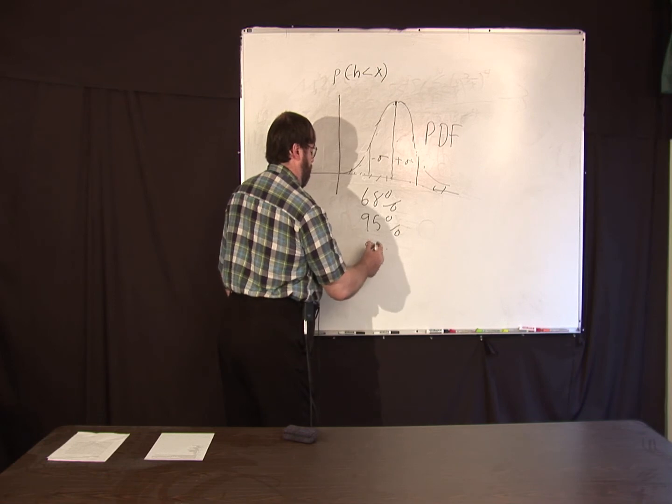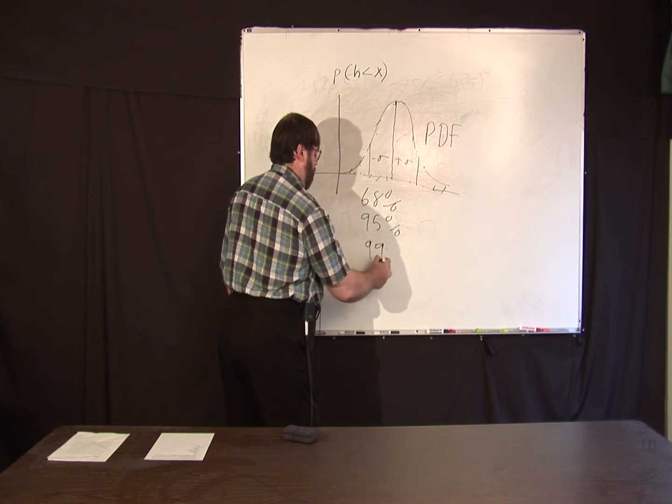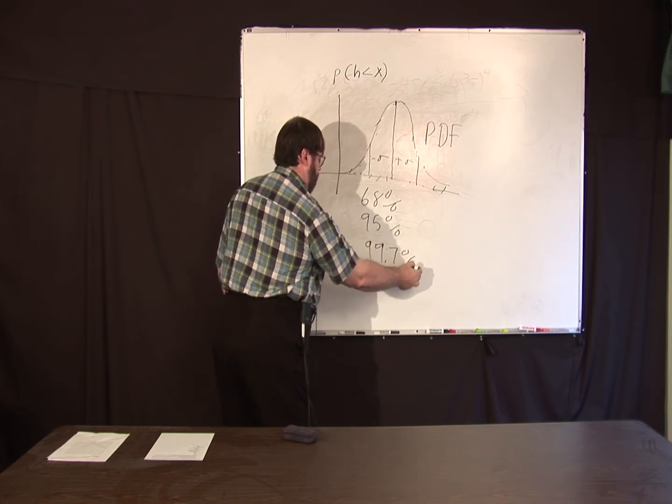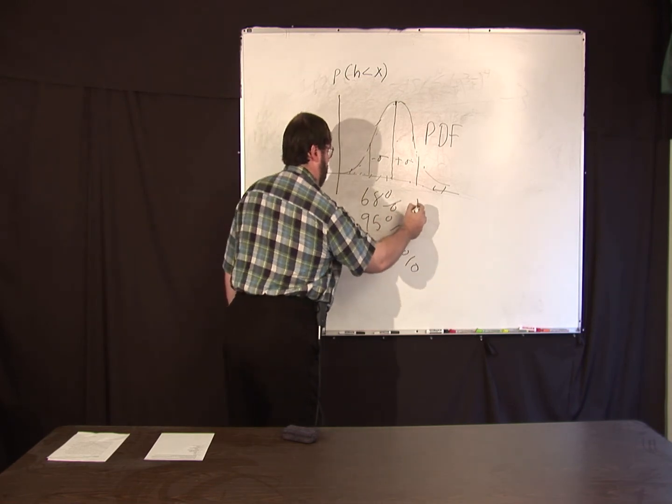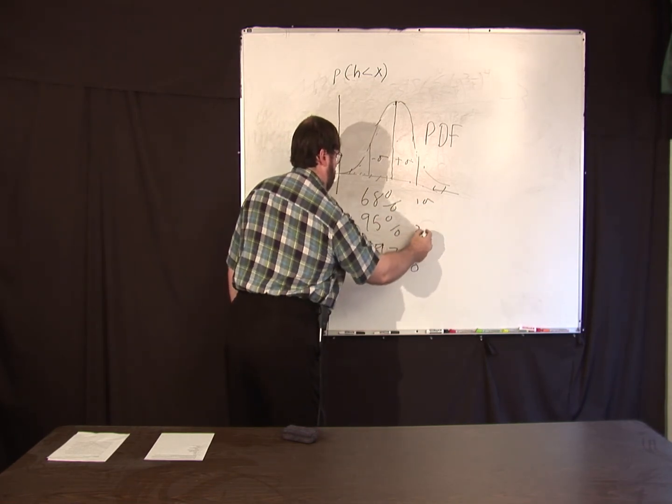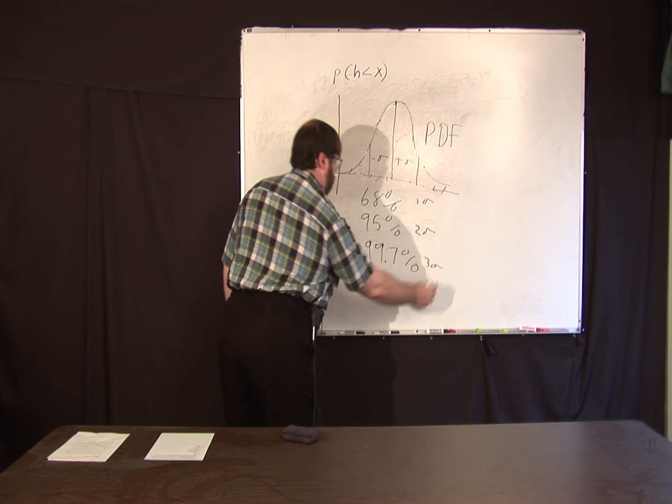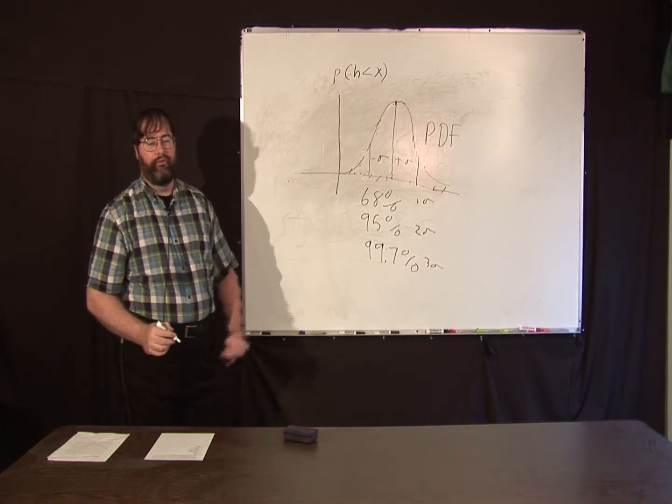And 3 sigma, it would be 99.7%. 1 sigma, 2 sigma, 3 sigma from the mean for a normal distribution.